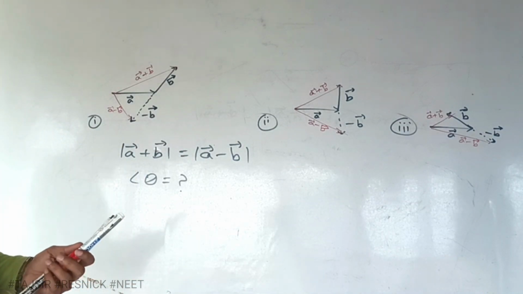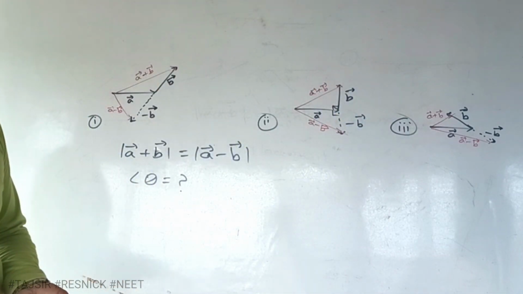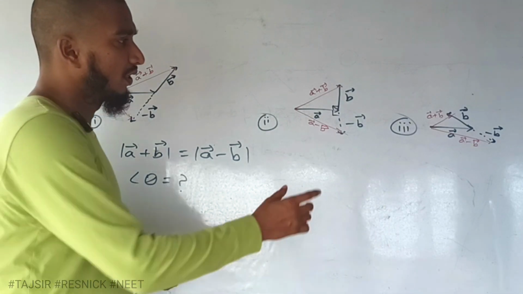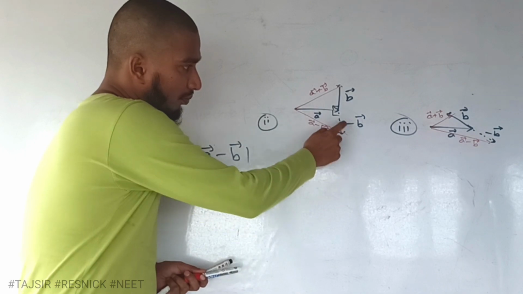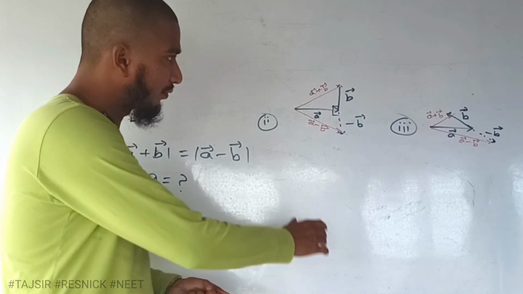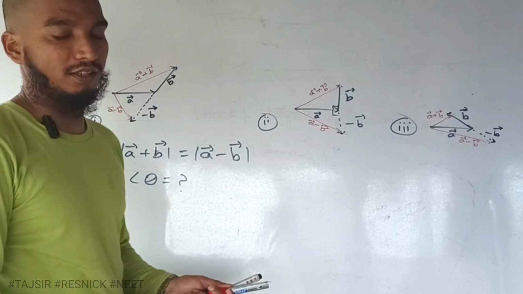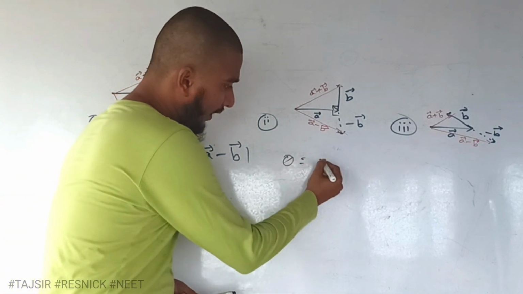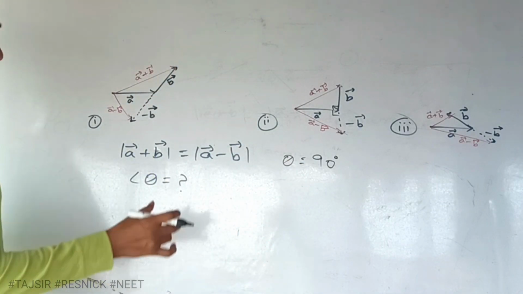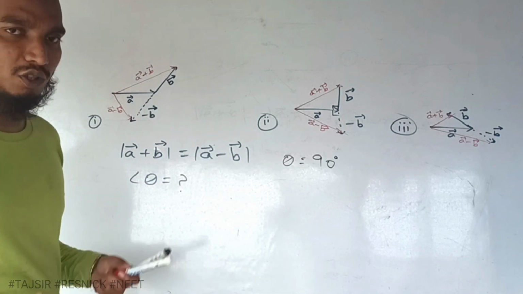And obviously, if this angle is 90 degrees, that is, the angle between the two vectors A and B is 90 degrees, then this becomes a right angle triangle, and this also becomes a right angle triangle, and these two triangles are congruent, and therefore their hypotenuse must be equal in length. So there is an angle theta equals 90 degrees, where the two magnitudes, that is the magnitude of the sum and the magnitude of the difference, are equal.